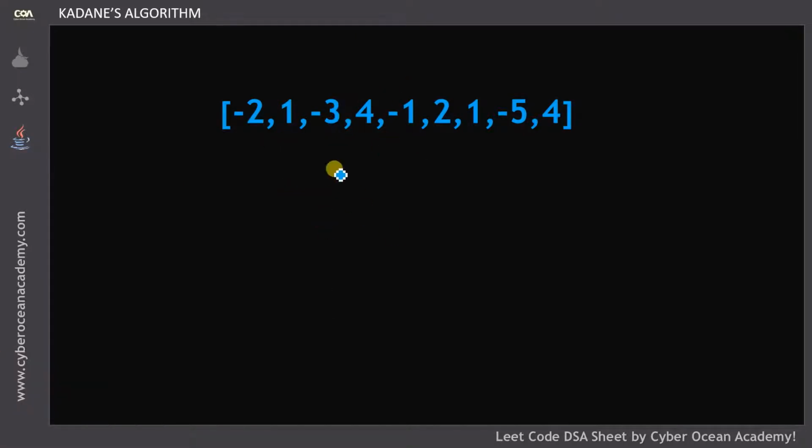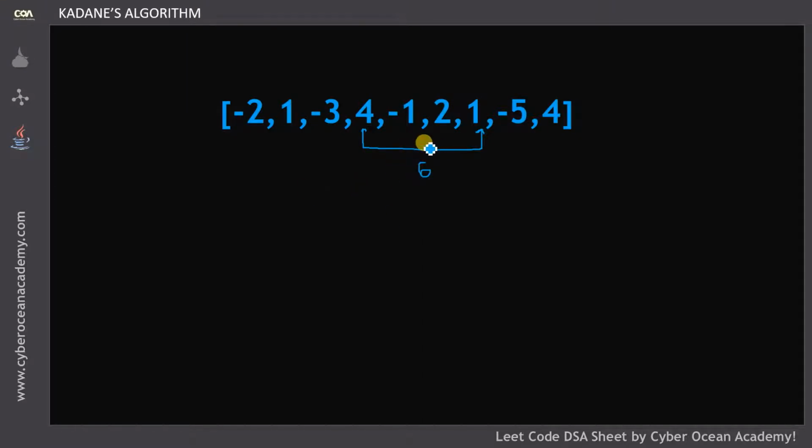So in this problem, we have to find the maximum subarray sum. Here you can see that this subarray, from 4, -1, 2, 1, is basically the maximum sum subarray. Why? Because when you add it, it gives you 6, but the remaining subarray sums are lesser than this value.